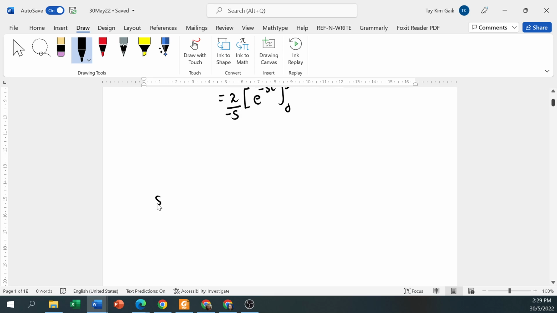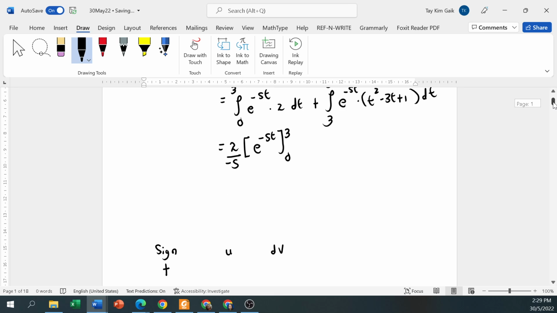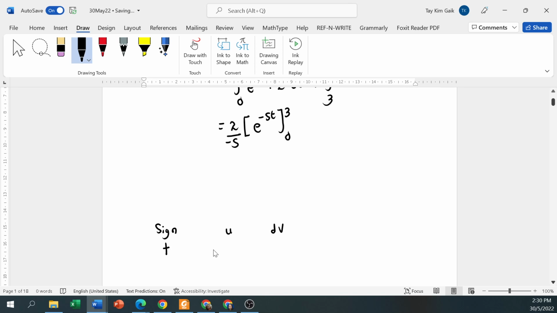So you have the sign, then the u, and the dv. Sign starts from positive. Choose the polynomial as u, which is t squared minus 3t plus 1, and dv is e to the negative st.